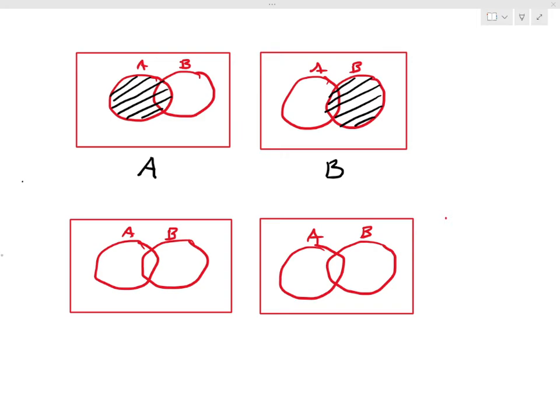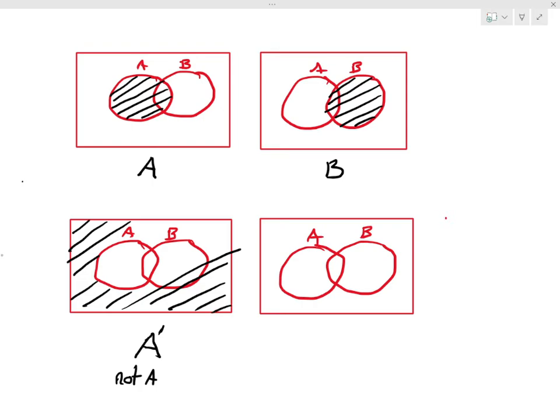Now, this one, we have a little apostrophe or something on there, and that means not. So this means not A. So everything that is not in A is all this around there.